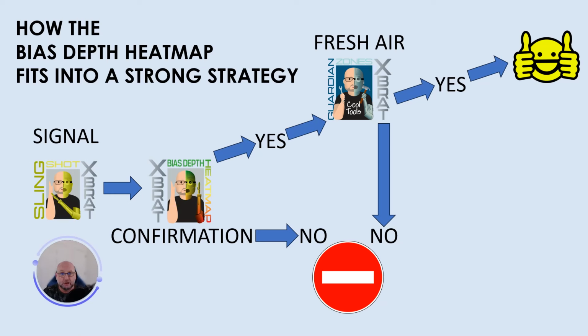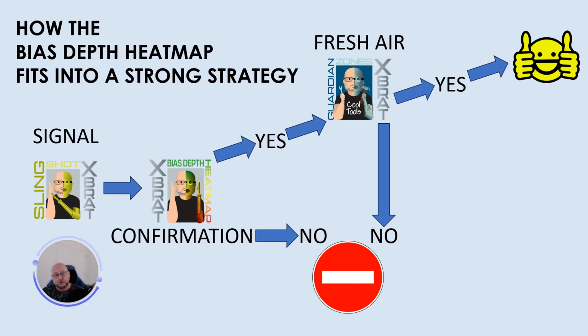You could have had a long signal, you've got all 6 time frames of green, but have you got enough fresh air? Are you far enough away from the next resistance zone to trade into? If not, you don't trade. It's 3 simple rules: signal, confirmation, fresh air. If you do have fresh air to trade into, then take the trade.